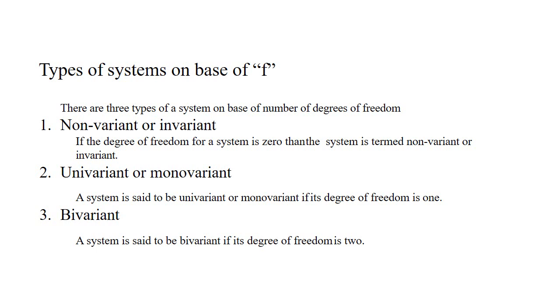How is the degree of freedom of a system calculated? The number of degrees of freedom of a system can be calculated by the phase rule, also called Gibbs rule. The third type is the bivariant system. A system is said to be bivariant if its degree of freedom is 2.